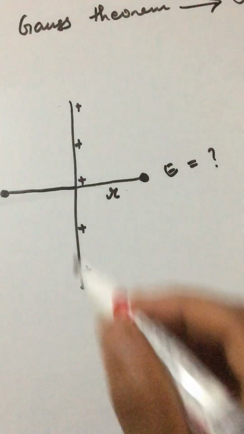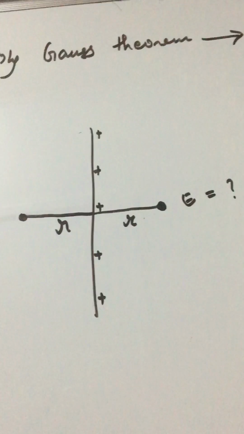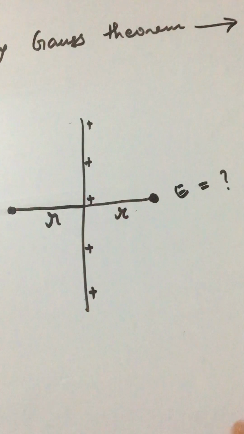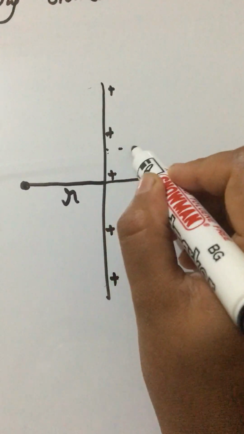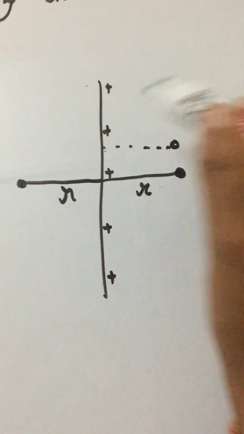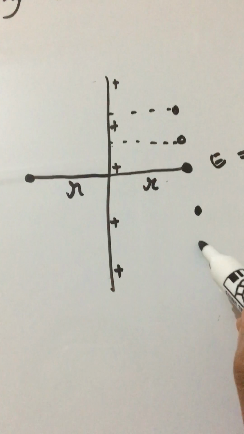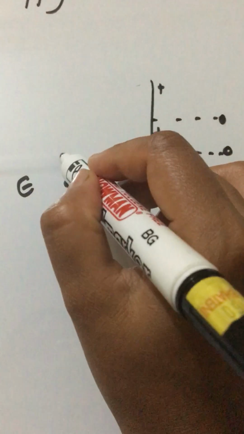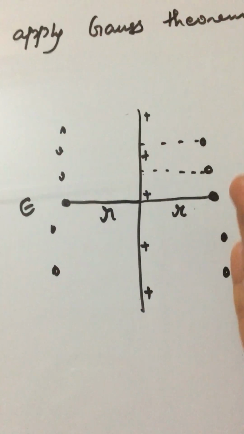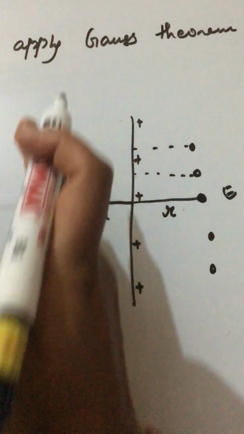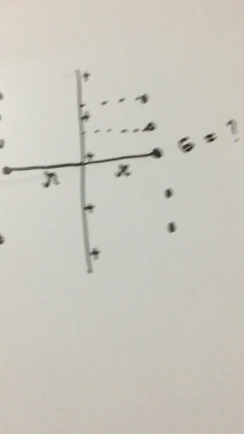Yes or no? Why? Symmetry point of view, equidistant from the line, right? The electric field at this distance r and at this distance r will be the same, right?